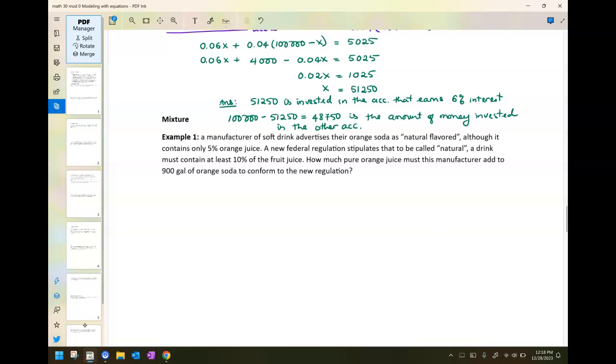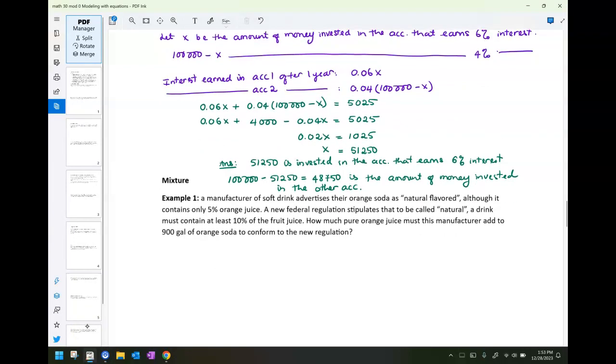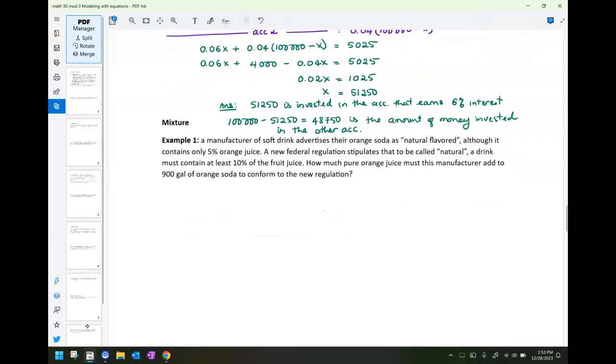A new federal regulation stipulates that to be called natural, a drink must contain at least 10% fruit juice. How much pure orange juice must this manufacturer add to 900 gallons of orange soda to conform to the new regulation? We will first identify a variable for this problem.